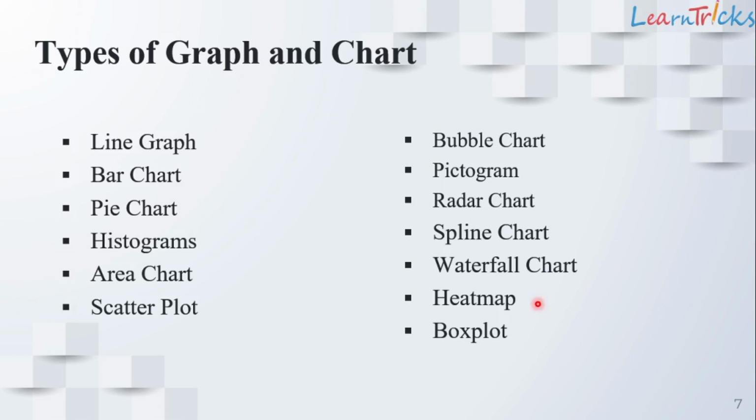Then there is the heat map, where we see different color codes representing different values for a certain variable. At last we will see the box plot, which represents the statistical summary of that data set or variable, and also shows the outliers in that data set.